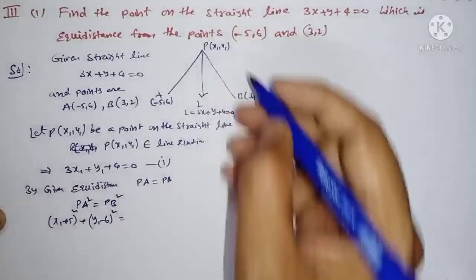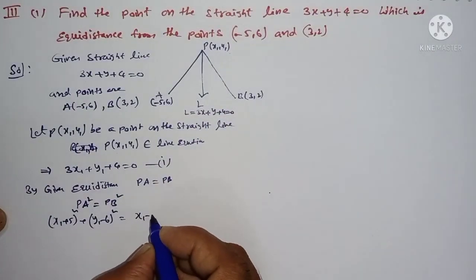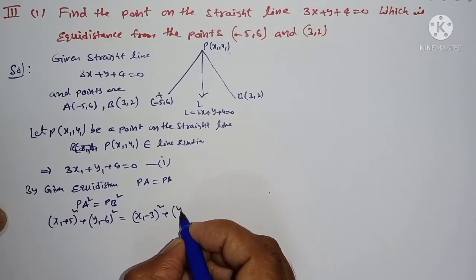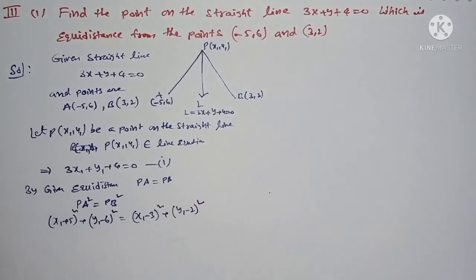Similarly PB squared is (x1 - 3) whole square plus (y1 - 2) whole square.